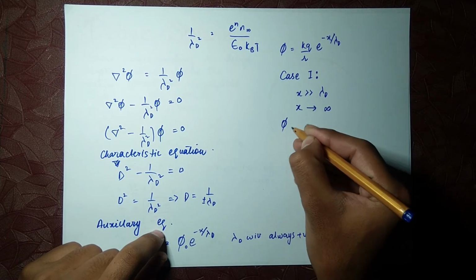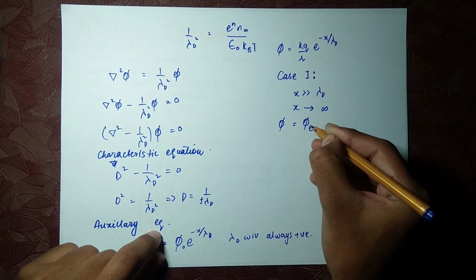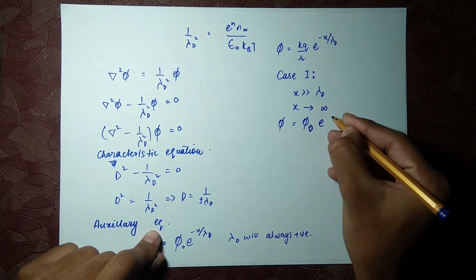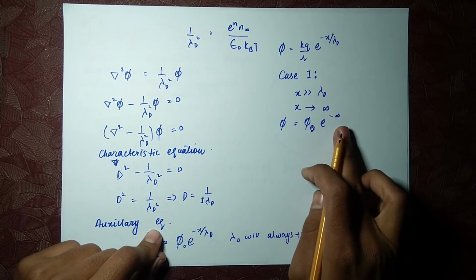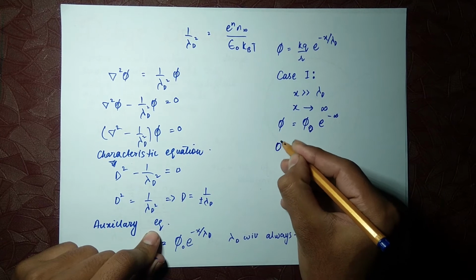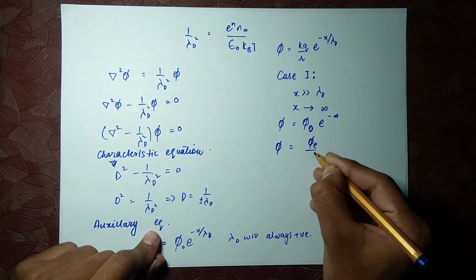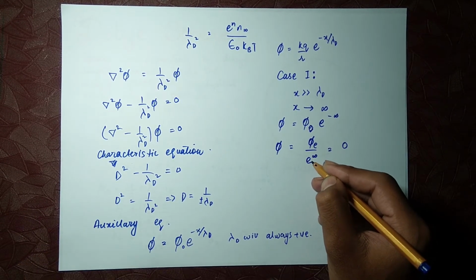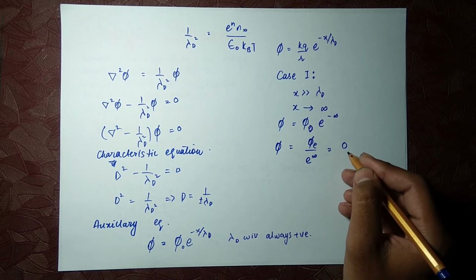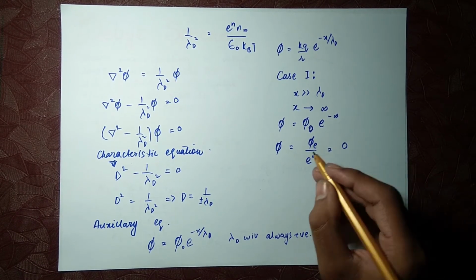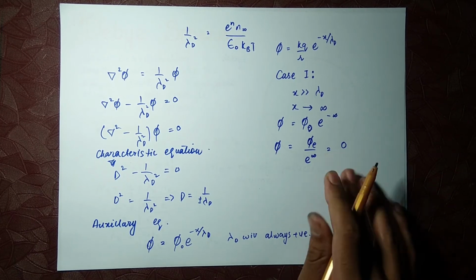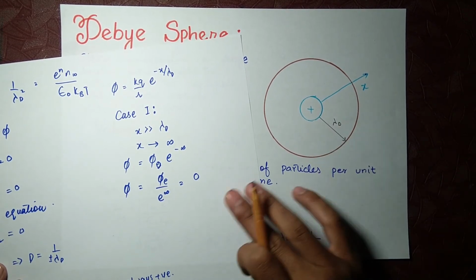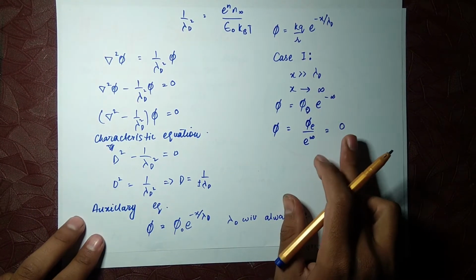Then phi will be equal to phi naught e power minus infinity, which is phi naught over e power infinity, and it equals 0. E power infinity equals infinity, and 1 over infinity equals 0. So the Debye potential outside the sphere, when x was greater than lambda D, is 0.